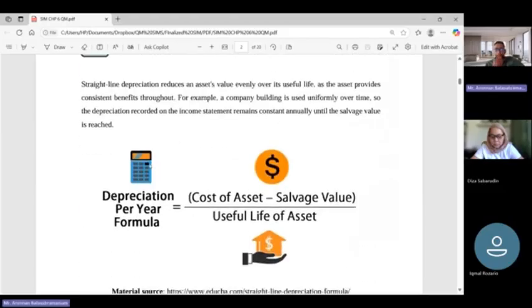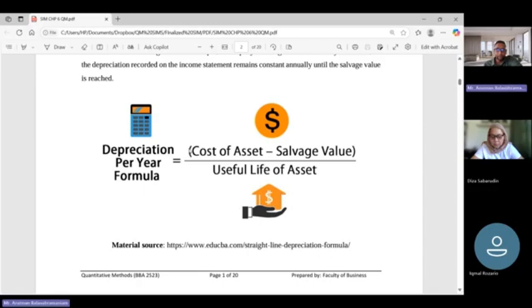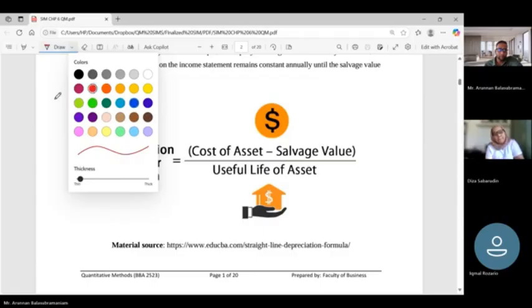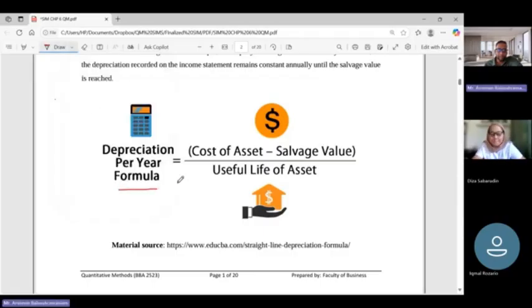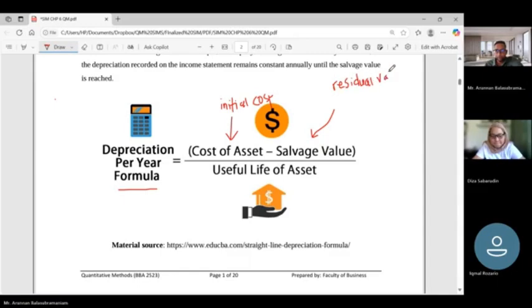So now we have discussed the depreciation formula, where we look at the depreciation per year. This is the depreciation formula: cost of asset, so this is the initial cost of the machine purchase, minus the salvage value, residual value, or also known as scrap value.